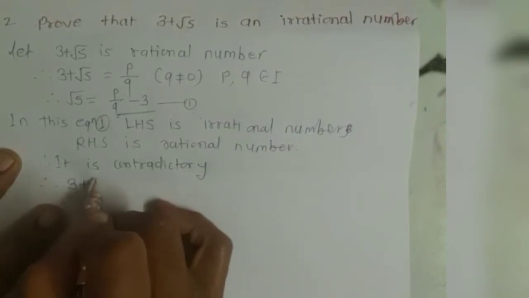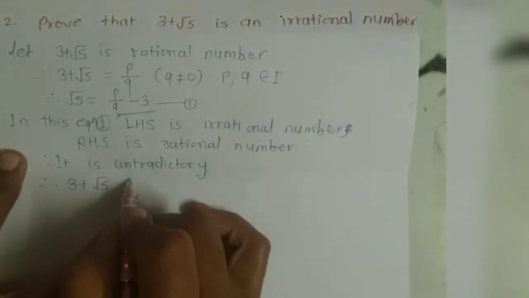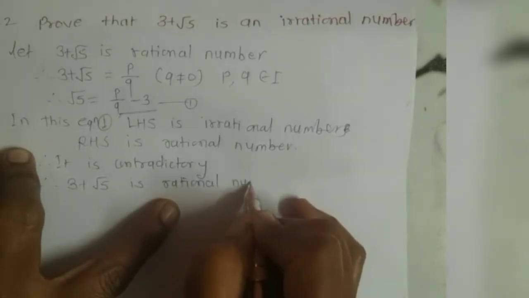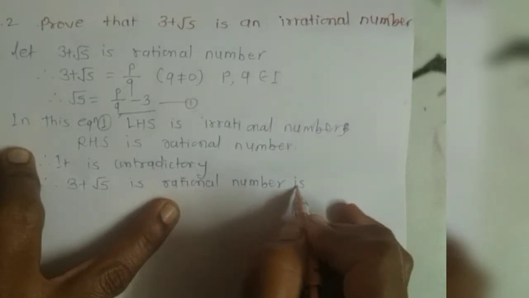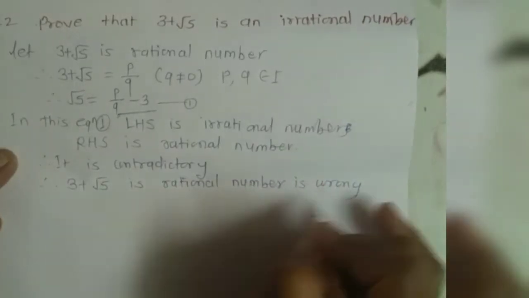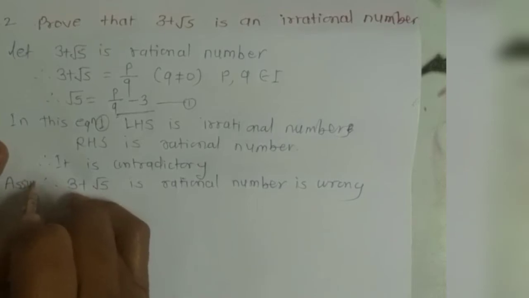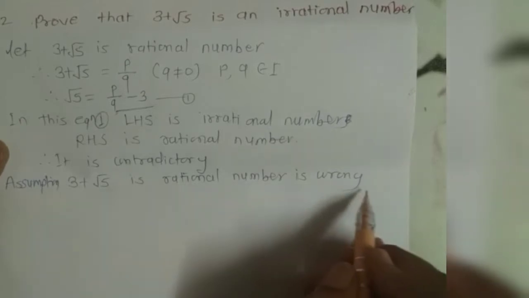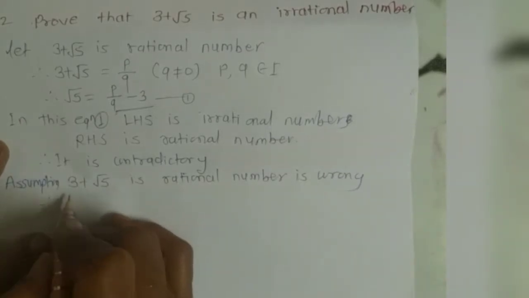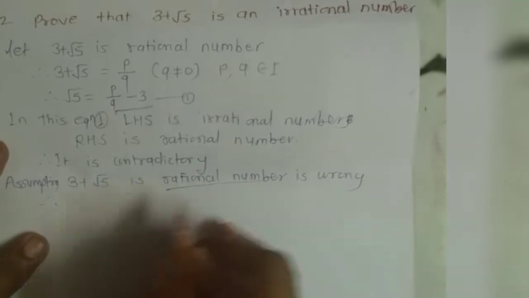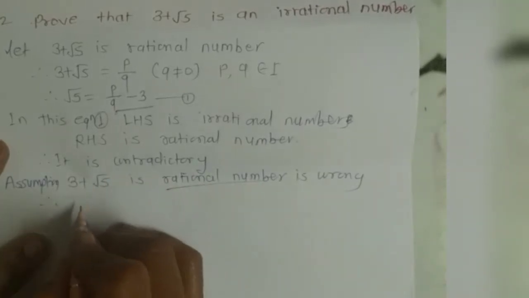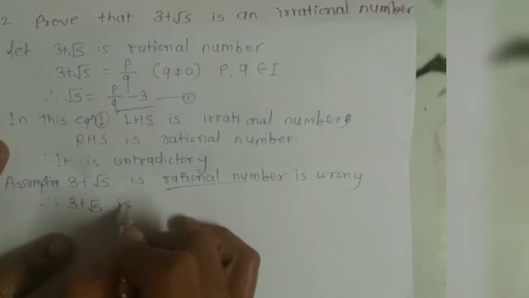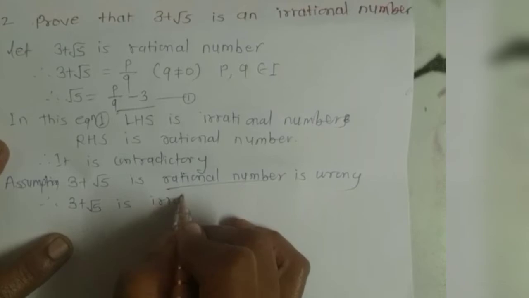Therefore the opposite of rational, that is irrational, is true, and therefore we say that 3 plus root 5 is an irrational number.